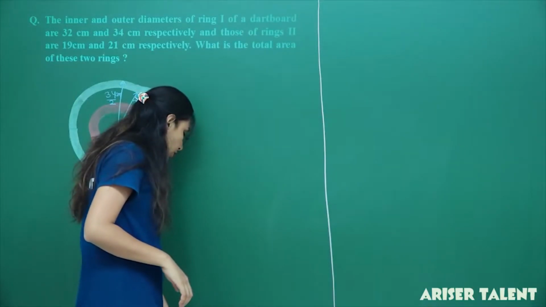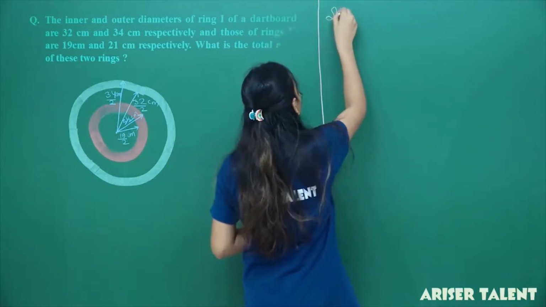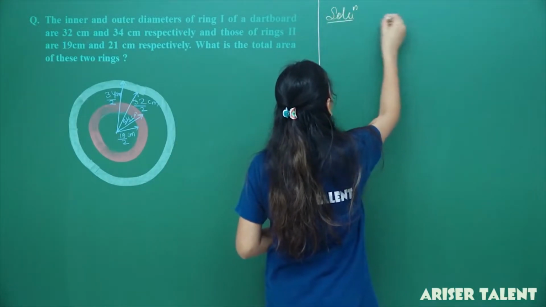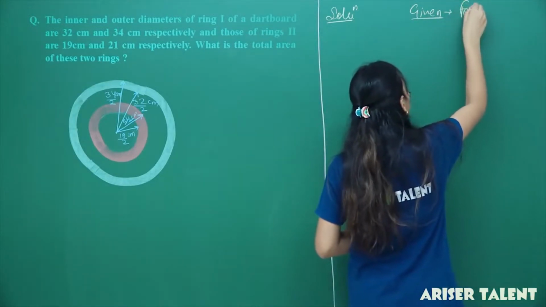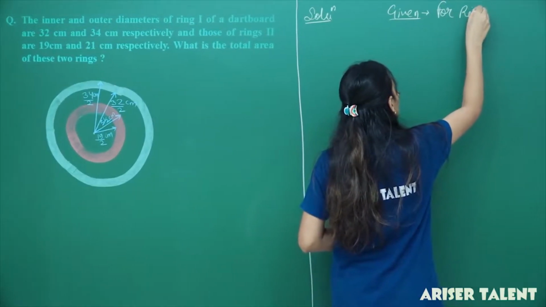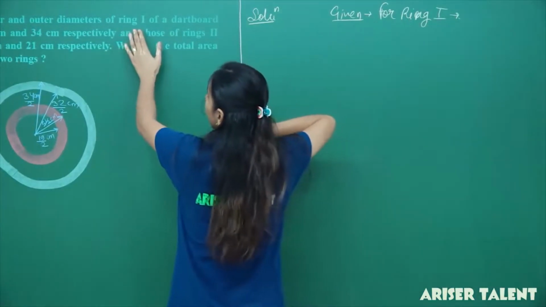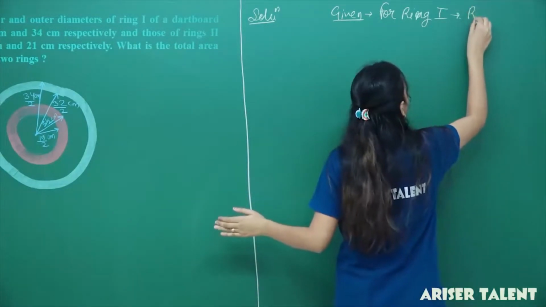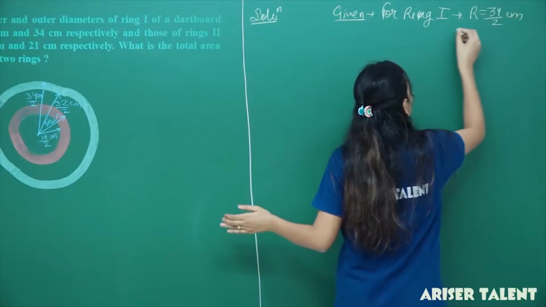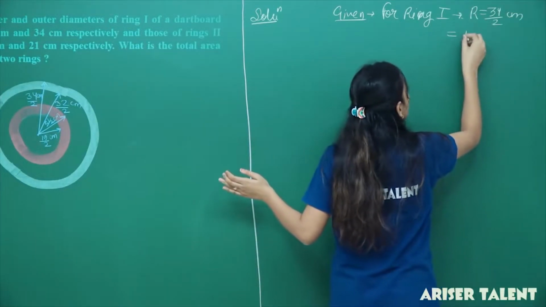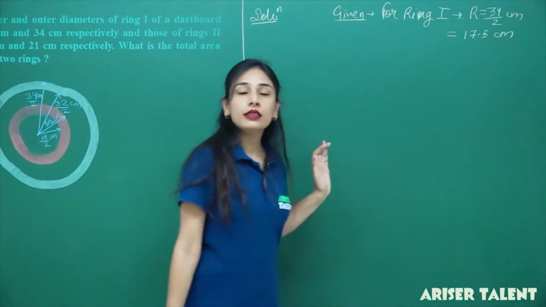Okay students, so now I can write the solution part, where the given things are, for ring 1, I have big R equals 34 by 2 centimeters, which is 17 centimeters.